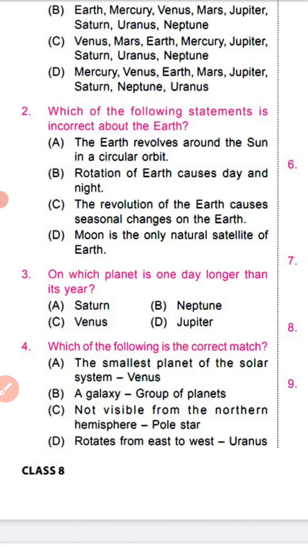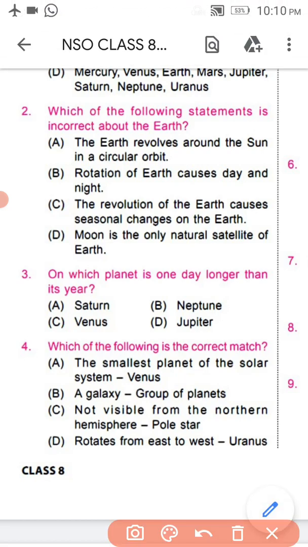Number 3, the revolution of Earth causes seasonal change on the Earth. Moon is the only natural satellite of the Earth. So you have to identify which one is incorrect. Moon is the only natural satellite of the Earth. This is the correct option.